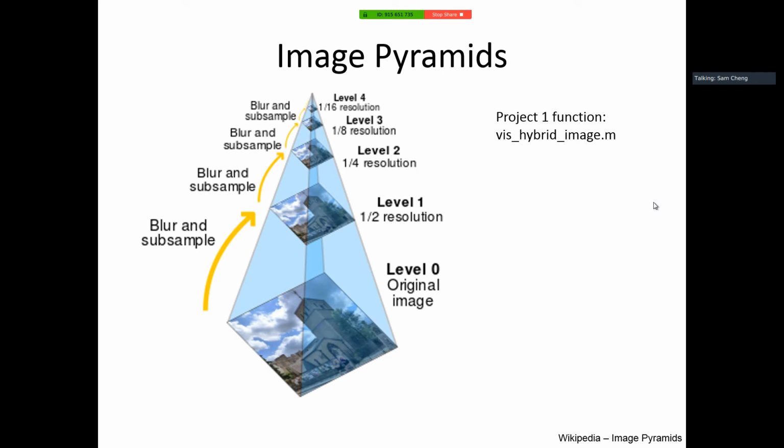You start with the original resolution, then you downsample it for different levels, like 2 times, 4 times, 8 times, and so on. Then you go down to lower resolution and sample there.